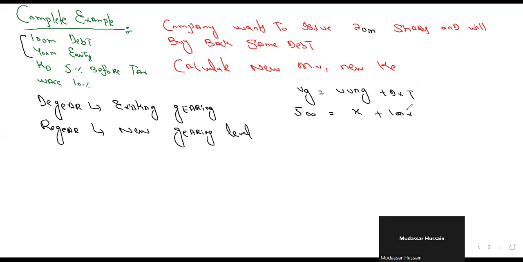Let us assume that in this question, the tax is 30%. So when you find the x value, it will come as 470. This is the value when the company is totally ungeared, meaning there is no debt incorporated.